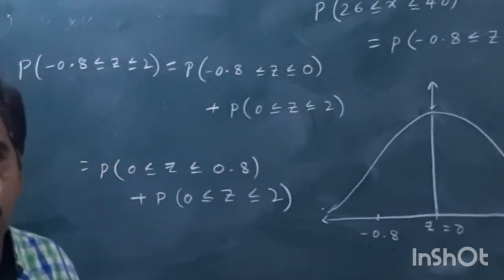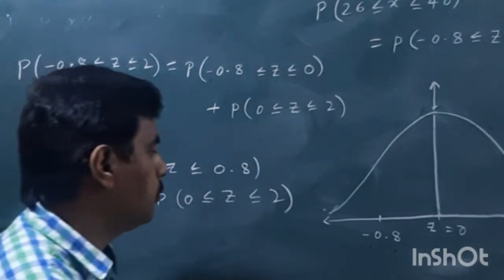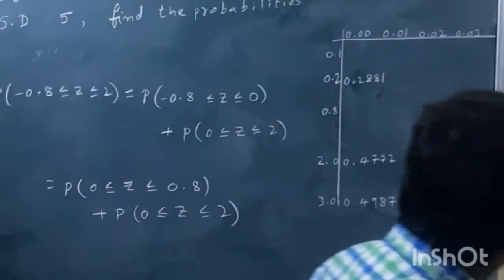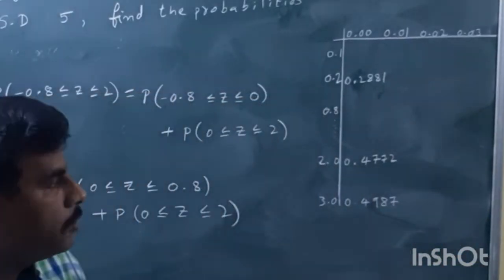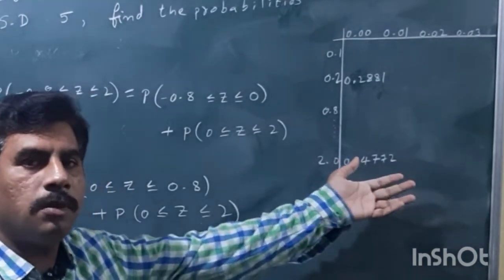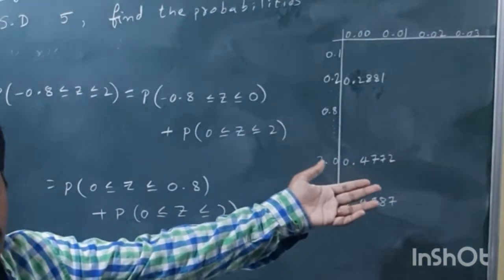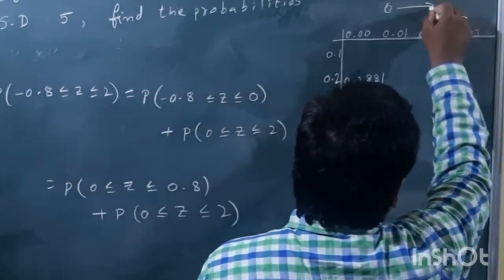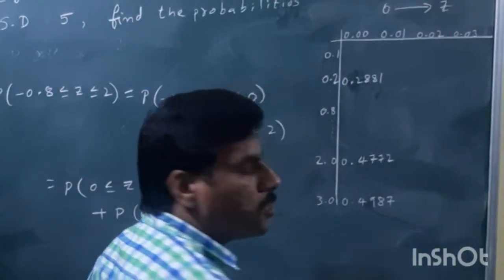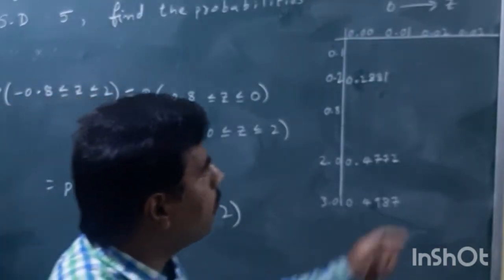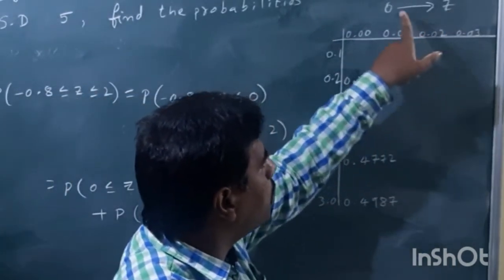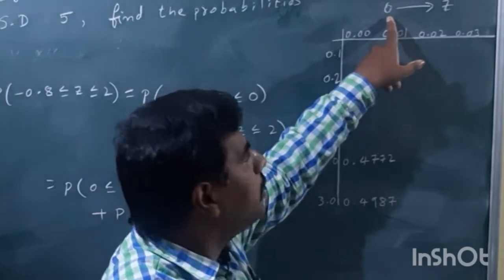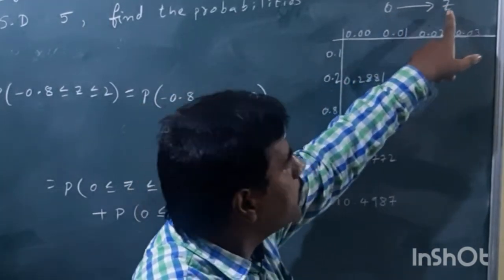Now we will use the distribution table. This is called the normal distribution table or z distribution table. It gives the area from 0 to z, and there is a value of z. We have to find the area under the curve from 0 to the z value.